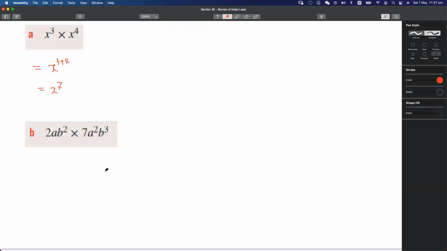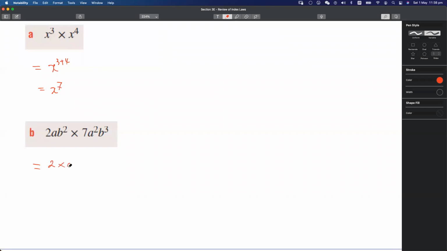All right, next example. 2ab squared times 7a squared b cubed. Here we know in algebra we don't write every single multiplication sign because that's going to look very messy. But to help you understand, I can show you the multiplication signs.